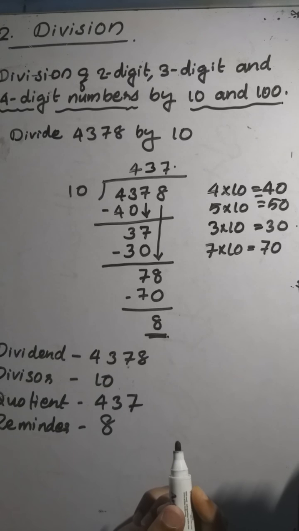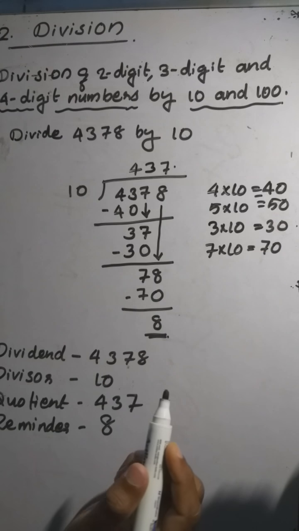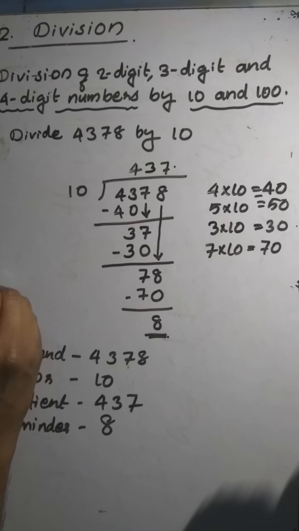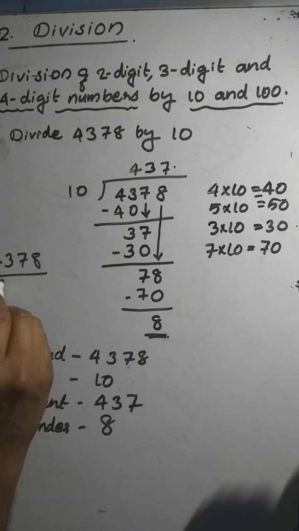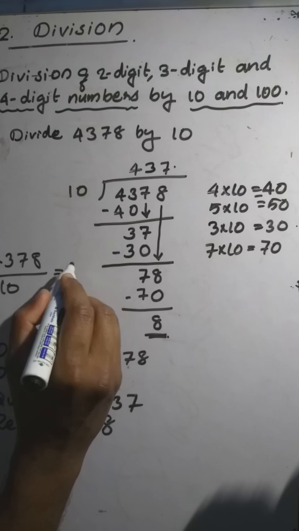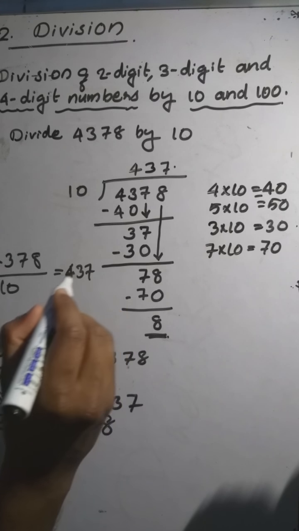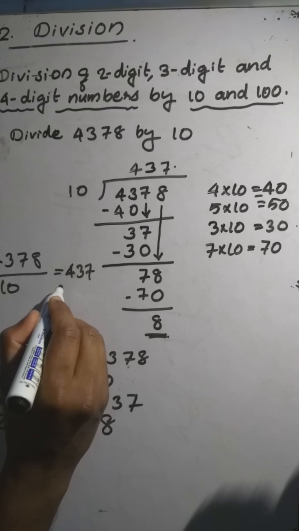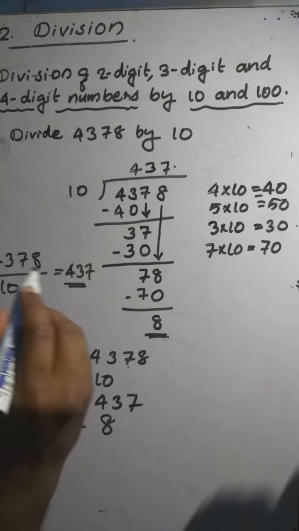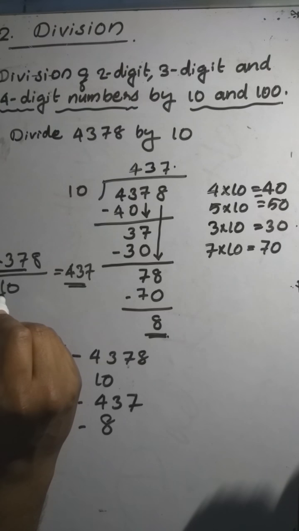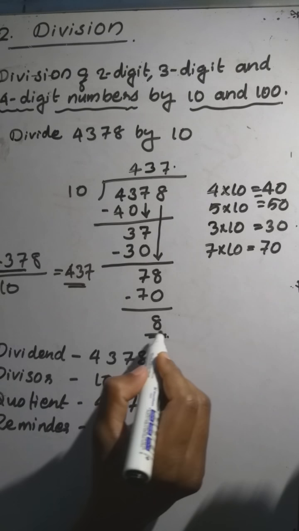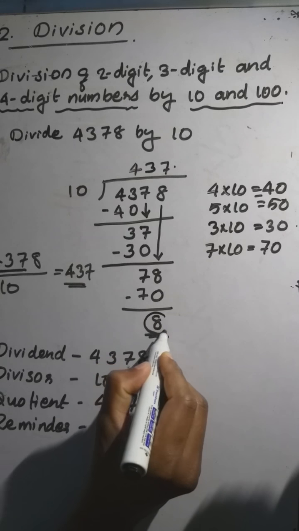Here, for dividing any number by 10, we have an easy method. In this question, 4378 divided by 10, we got 437 as the quotient. 437 is the first 3 digits of the number, and we got the remainder as 8.